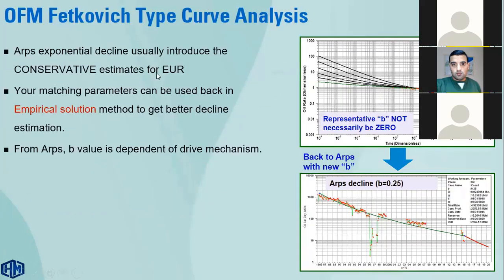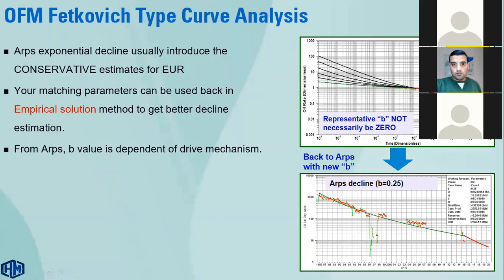So this is a field example for Fetkovich type curve applications. In this example, we have this production data in red color, and this is the Fetkovich type curve in log plot, dimensionless oil rate, and this is dimensionless time. This curve will be used to identify the probable value of b, or hyperbolic exponent.